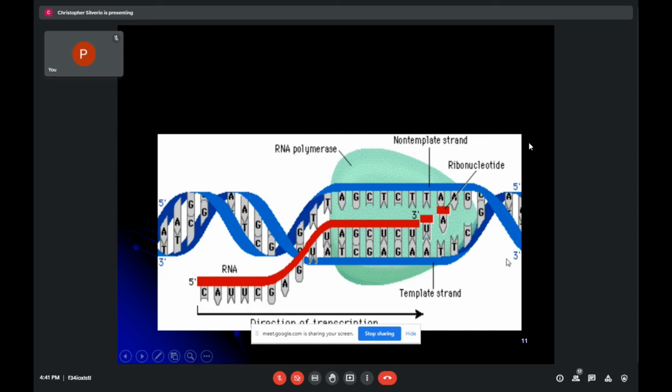Okay, class? As the RNA polymerase moves forward, the mRNA transcript is synthesized.